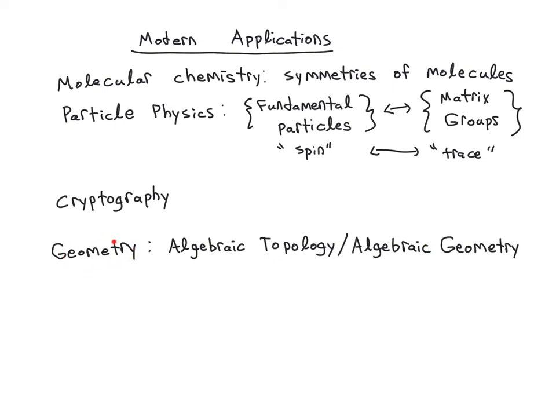Here, to a geometric object, you somehow create some sort of group structure that tells you information about the geometric space. And I kid you not, this is the only way we know how to prove that a donut and a soccer ball are geometrically different, up to some notion of geometry.